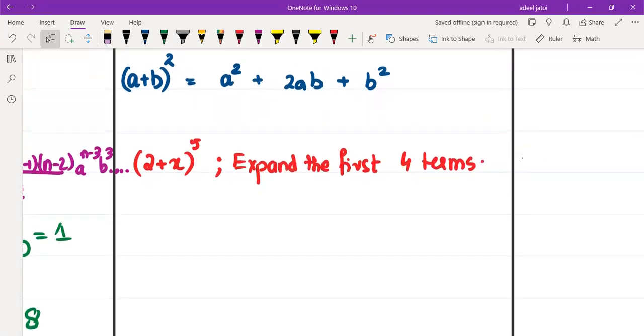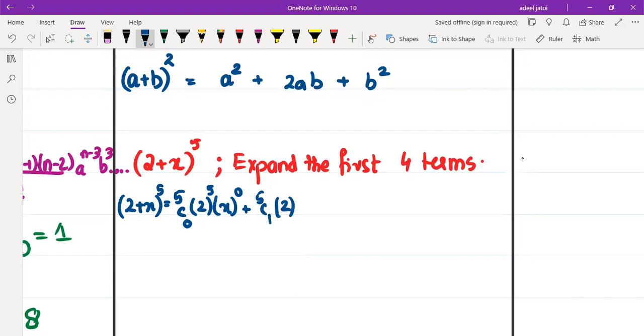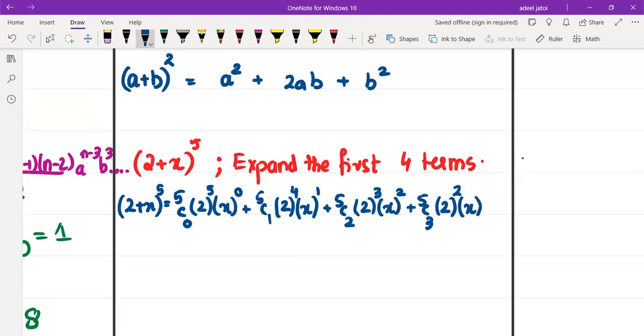So that means we will be starting off with 5C0, 2 to the power 5 minus 0 is 5, and this will be x to the power 0, plus 5C1, 2 to the power 5 minus 1 will become 4, and x to the power 1, plus 5C2, 2 to the power 5 minus 2 will become 3, x to the power 2, plus 5C3, 2 to the power 5 minus 3 will become 2, and x to the power 3.